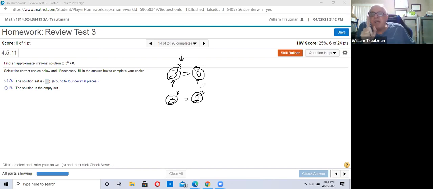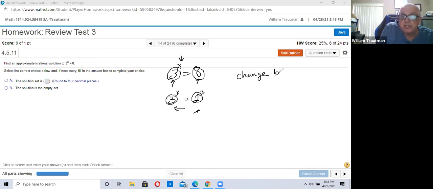If there's no way to make the bases the same, we have to do something that we learned on Monday, 2 days ago. If the bases are not the same, like this one, we have to use the change of base formula.